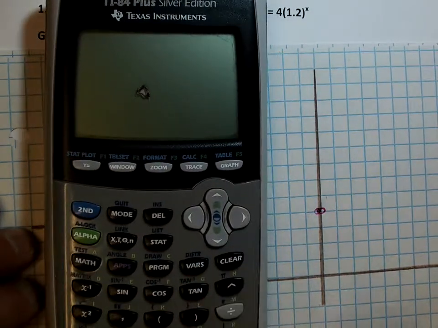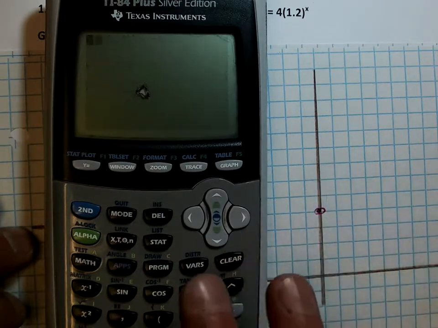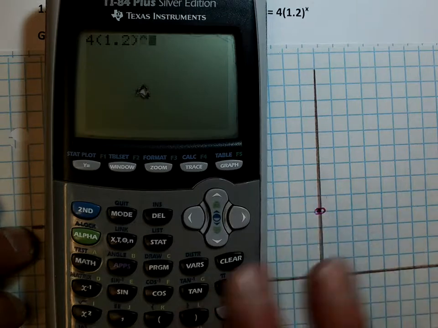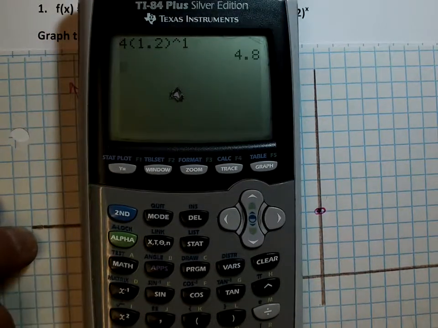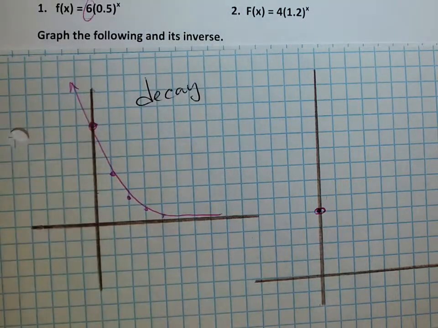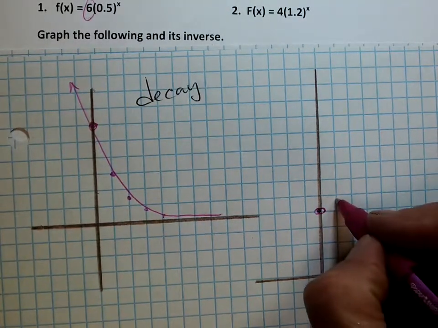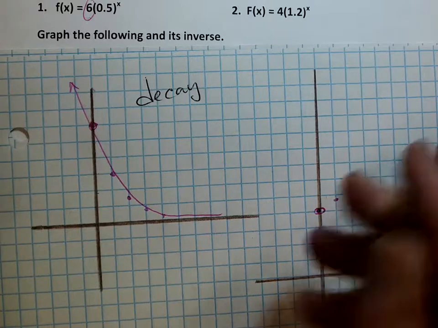So I'm just going to go clear. If I go 4 times 1.2 to the 1 power, I get an answer of 4.8. So I'll have a value at 1 and 4.8, so I'll guesstimate 4.8.